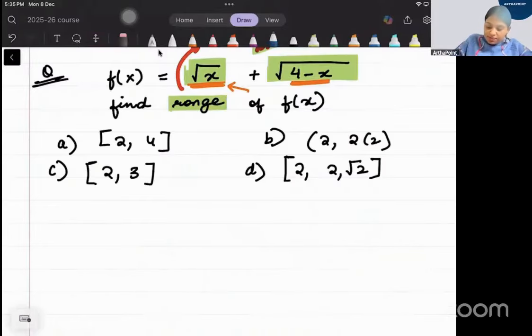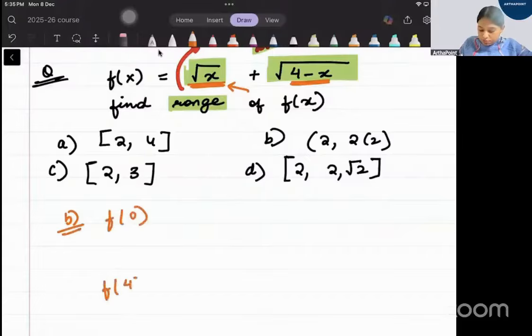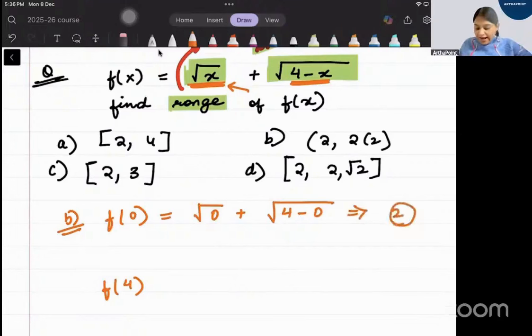So second, if I check at 0 and at 4, root 0 plus root of 4 minus 0. So root of 4 is 2. And at 4, so root 4 plus root of 4 minus 4.